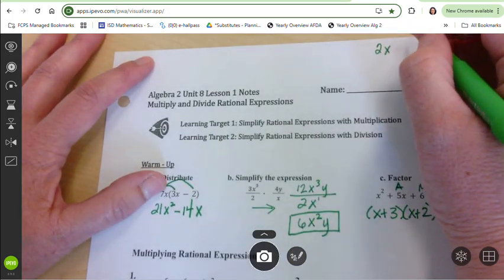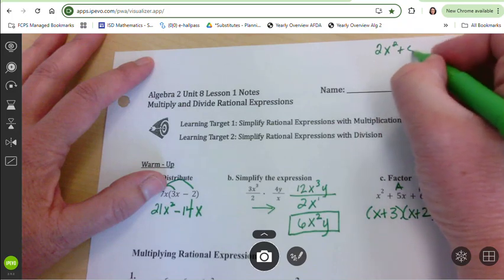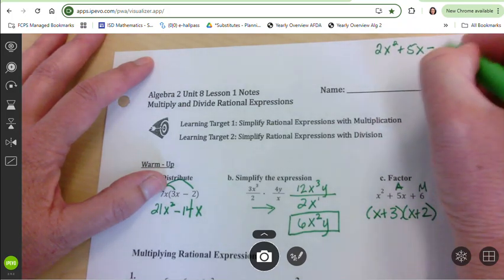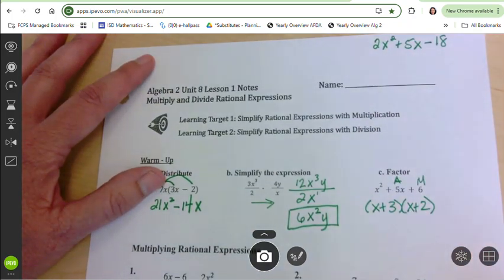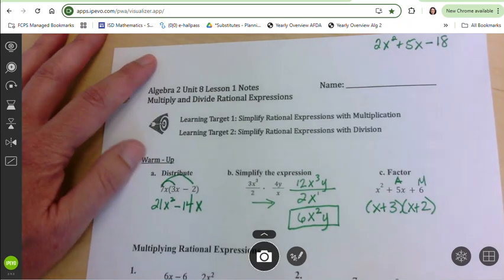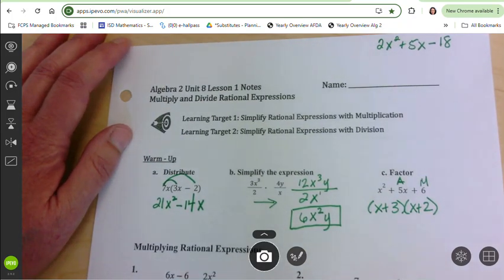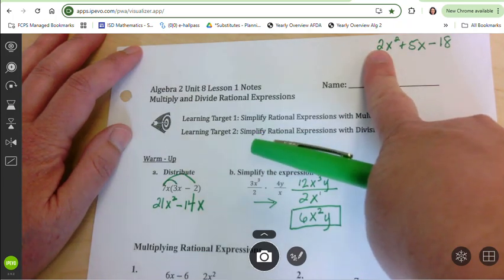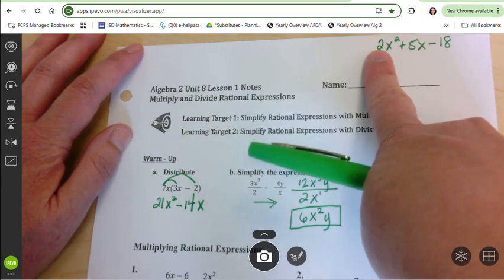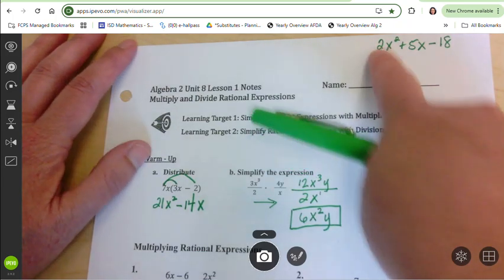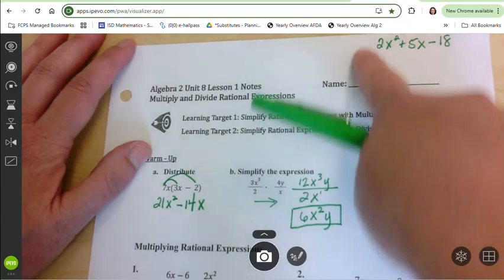So 2x squared plus 5x minus 18. So hopefully you can fit this in the corner of your work here. This one, because you have a number in front of the x squared that doesn't factor out, we have to do this longer method. You start by multiplying the first and the last number.